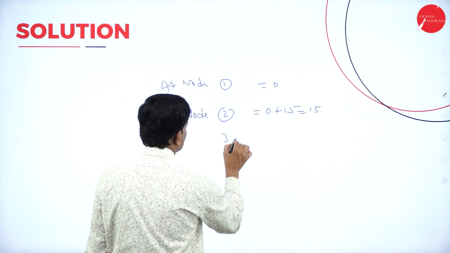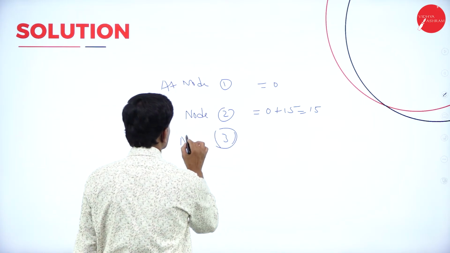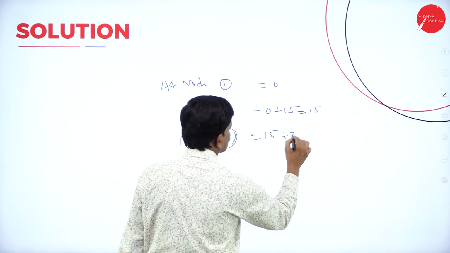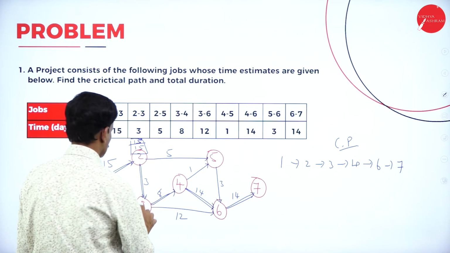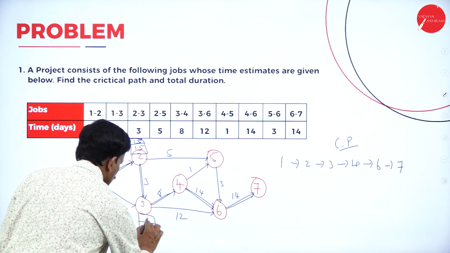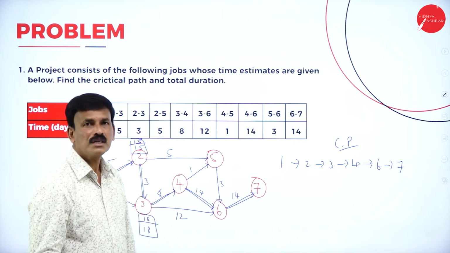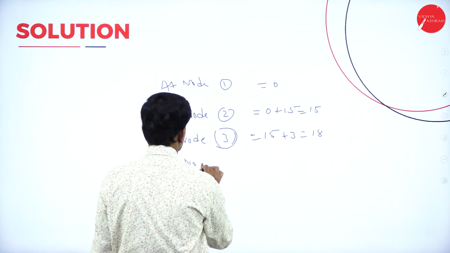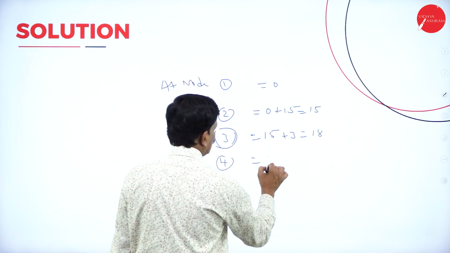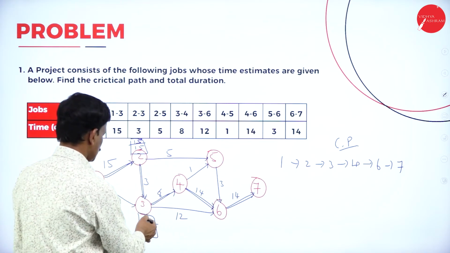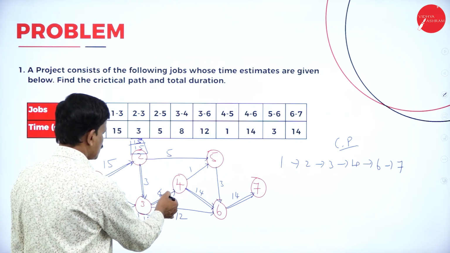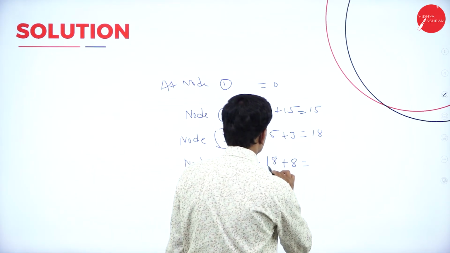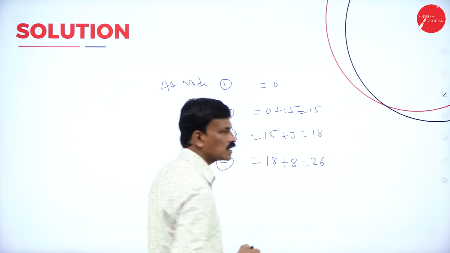At node 3, 15 plus 3 is equal to 18. Next at node 4, 18 plus 8 is equal to 26.